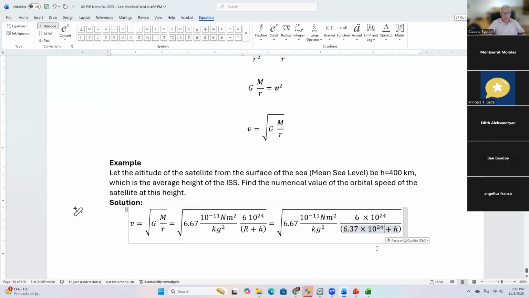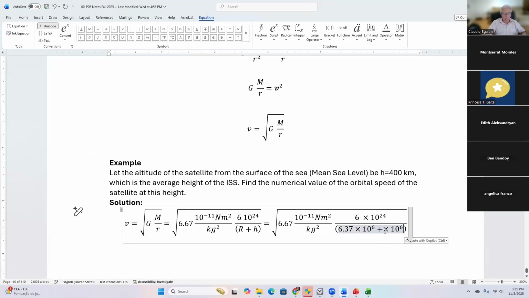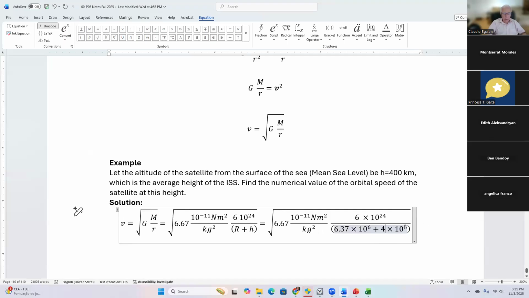And the height is 400 kilometers, which is 4 times 10 to the 5 meters.